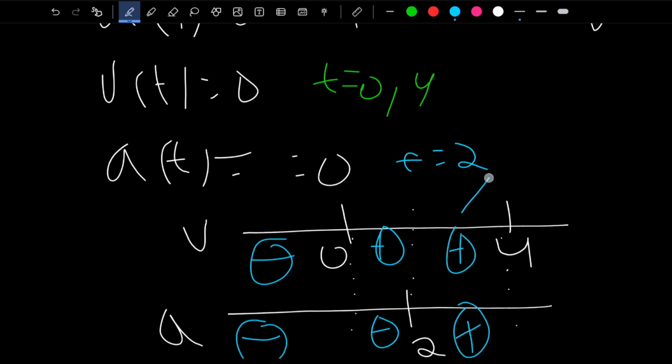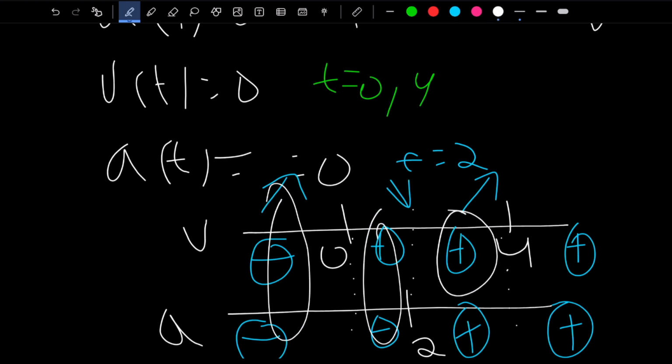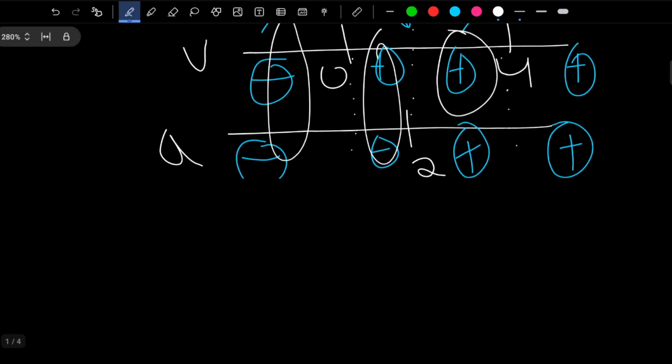So it's speeding up. And then for 4 to infinity, they are also both greater than 0. Plug in numbers like 5, 3, 1, and negative 1. And then this is where you find where it is speeding up and slowing down.